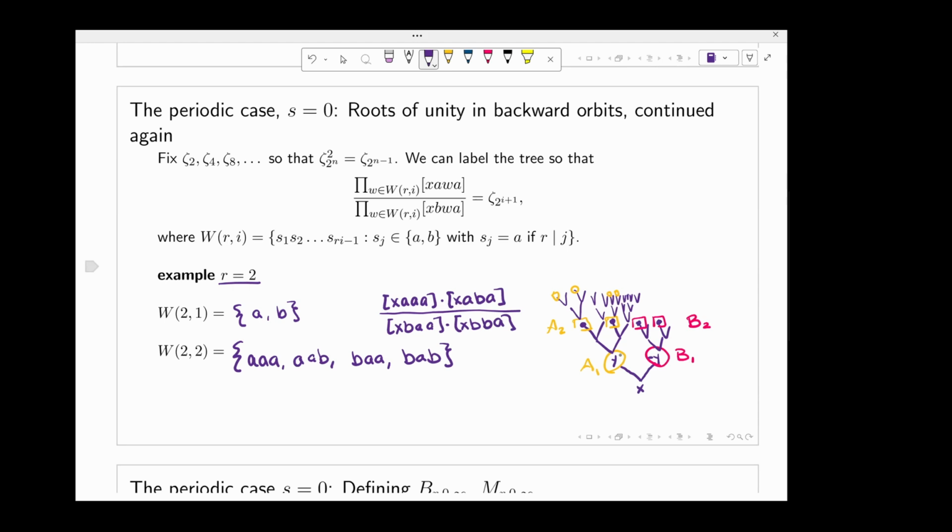And when I'm looking at an XA followed by my word, A, followed by another A, I'd be taking exactly this node here. And you can work through it, I'm picking out exactly these 4 nodes, and then on the denominator, exactly those corresponding nodes over on the B side.